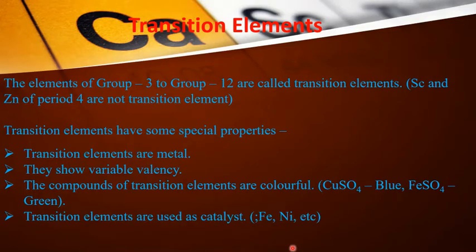Transition elements are used as catalysts. Catalyst, this is a new term for you. A catalyst is a special type of element or compound that is used in a reaction to increase or decrease the rate of reaction. You will learn it in next classes, but not now.